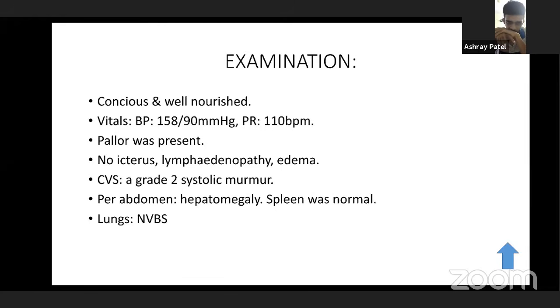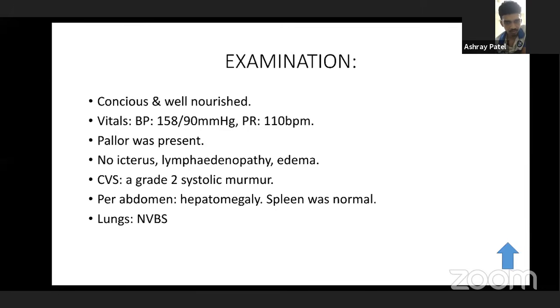Next. There's no edema, so he's not gone into congestive cardiac failure, which might be a complication of anemia. Yes, you ruled that out. Good. And it's a grade 2 systolic murmur. Maybe it's a flow murmur because of hyperdynamic circulation. So it's just a flow murmur for now.